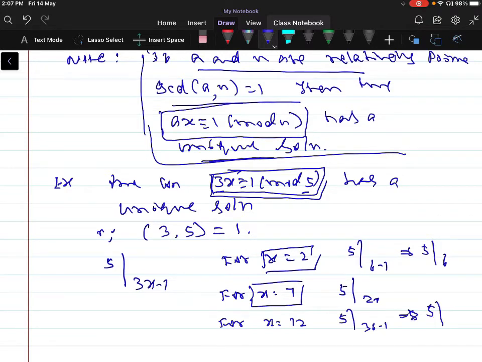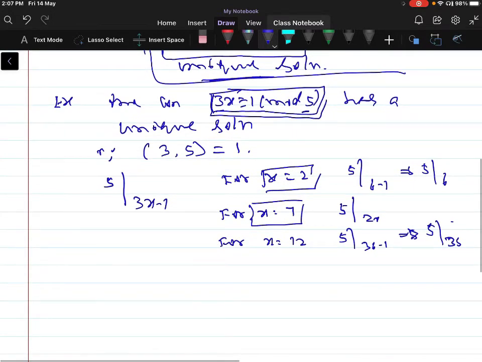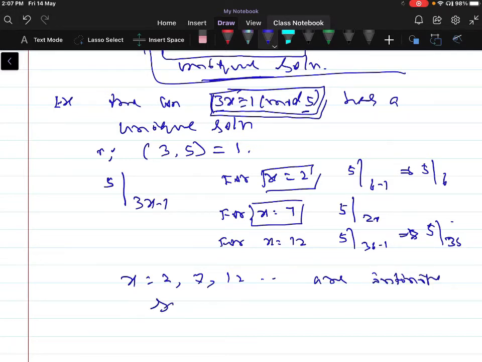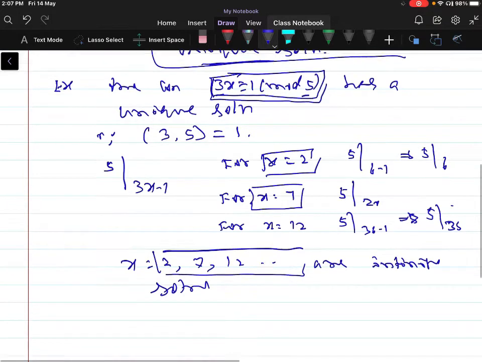Now similarly for x equal to 12, 5 divides 36 minus 1, so this implies 5 divides 35. Like this you can take x equal to 2, 7, 12 and so on, or infinite solutions, but these solutions are congruent solutions, meaning similar solutions.